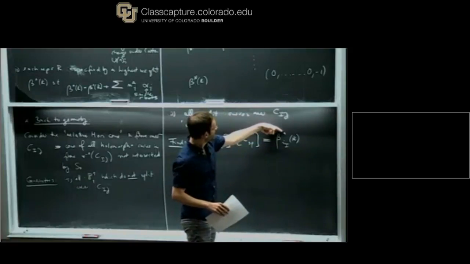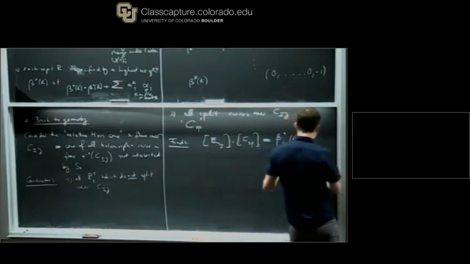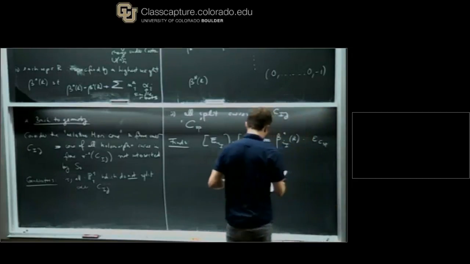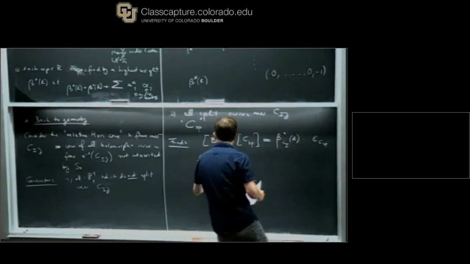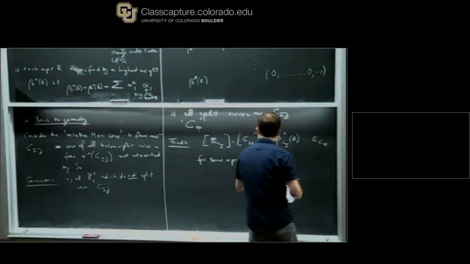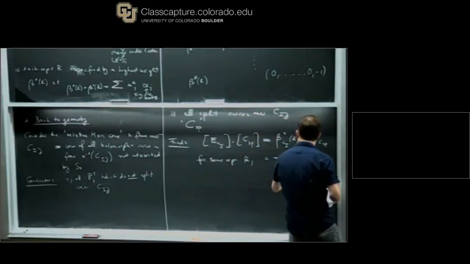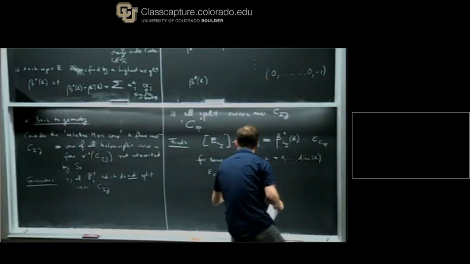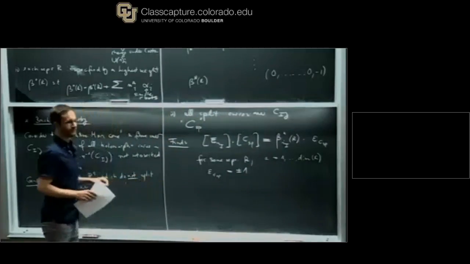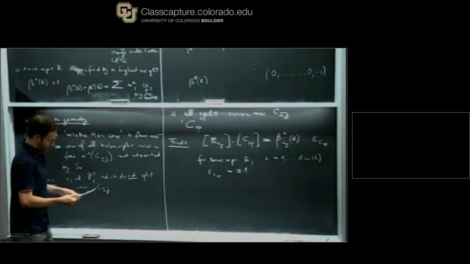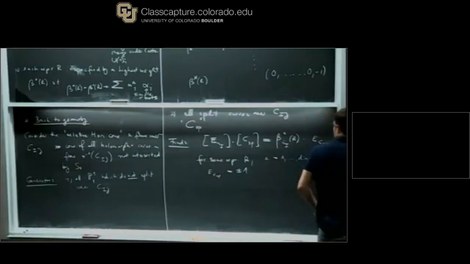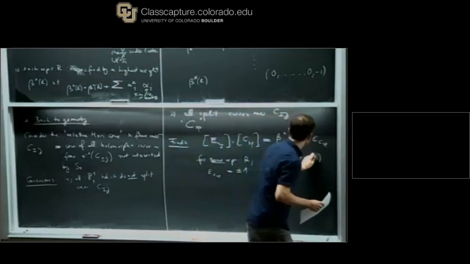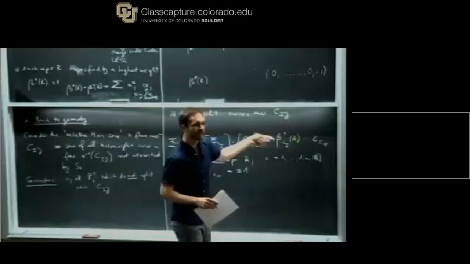This is given by beta_a for some a, some weight, times a sign epsilon, which depends on C_split, for some representation R, for some a equals 1 up to dim R, and this epsilon is either plus or minus 1. So for some choice of representation, some a determining this representation, this can be plus or minus this representation.